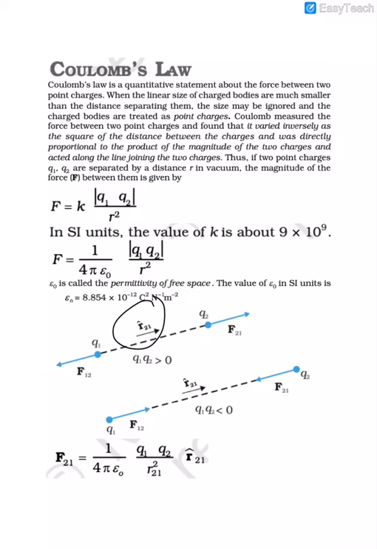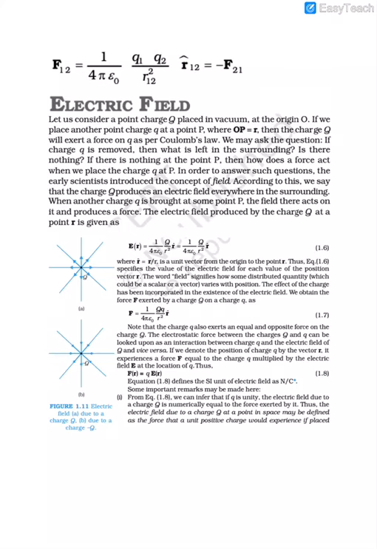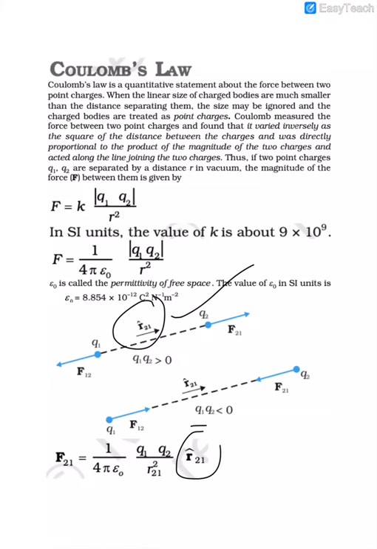For instance, here I have taken the direction of R cap 21 as positive, so automatically the direction of R cap 12 becomes negative, which is why F12 is equal to minus F21. What I'm trying to tell you is that I could have well taken R cap 12 as positive, but I took R cap 21 as positive.